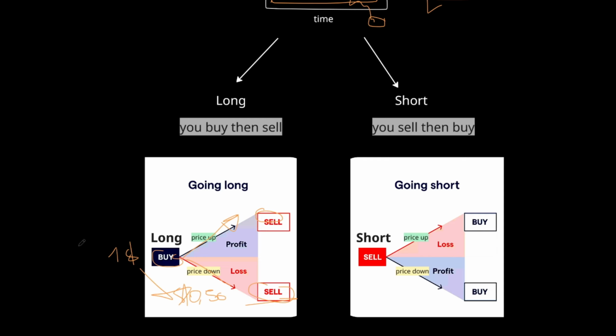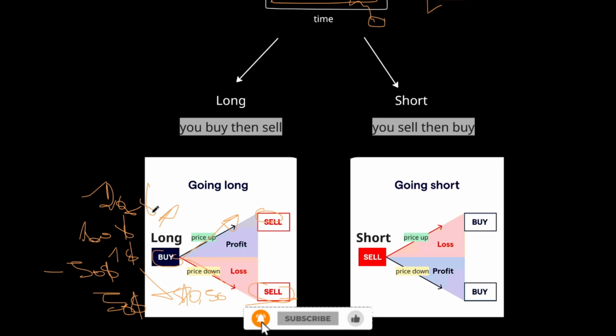Instead of having $100, it became $50, meaning you lost $50. If price went up, it will become $200 if you sell at $2.